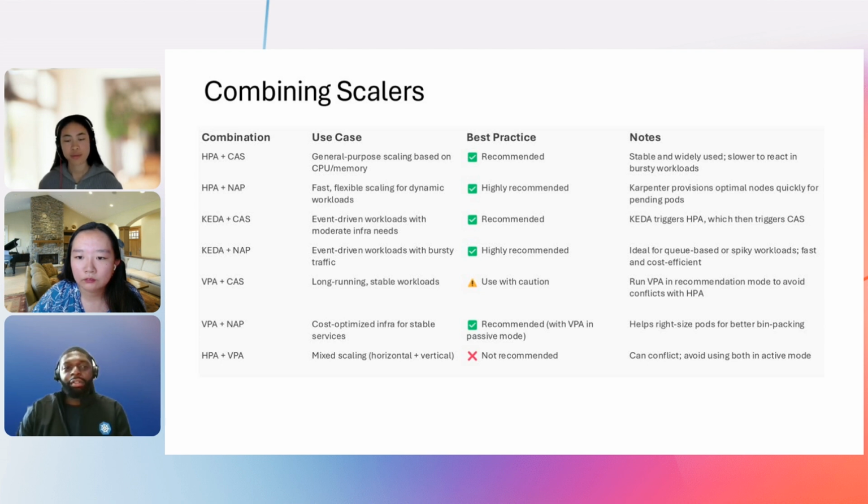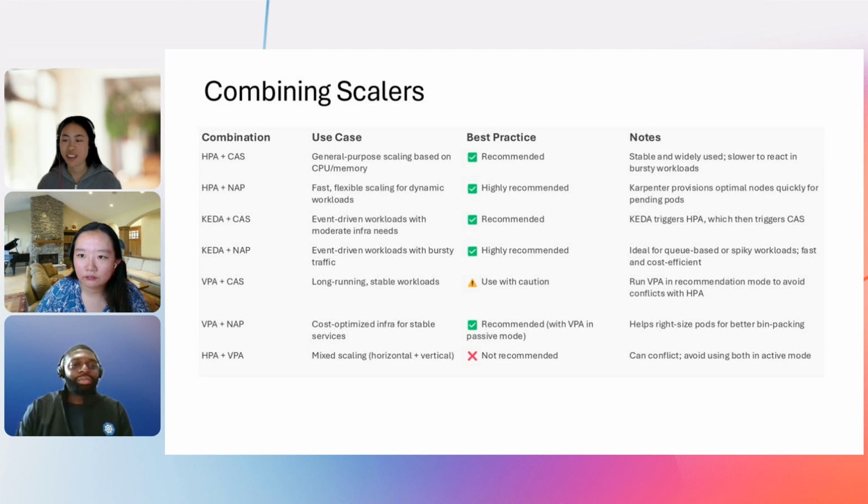If you are going to leverage VPA, then you can put that in recommendation mode or passive mode to avoid that negative feedback loop. But to that point, no bias here, just a strong recommendation to leverage node auto provision for your infrastructure needs, and then the world's your oyster in terms of the application-level options that we've highlighted here.